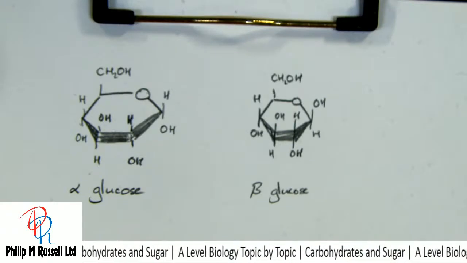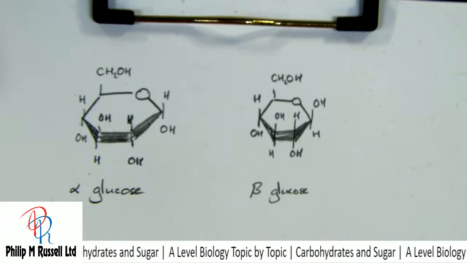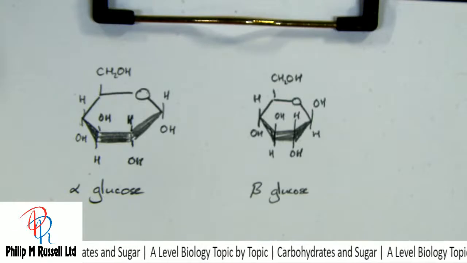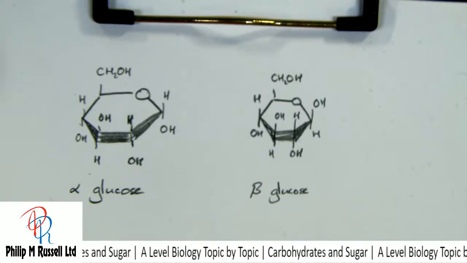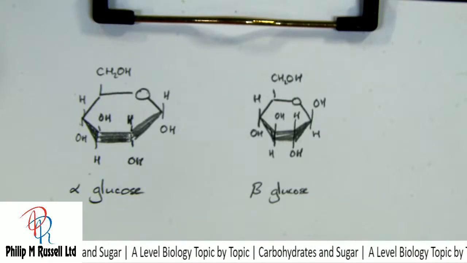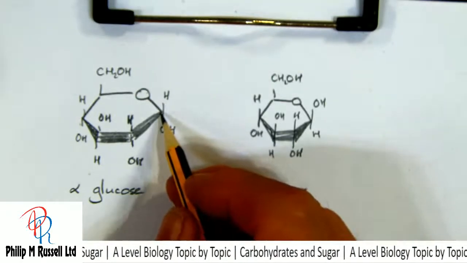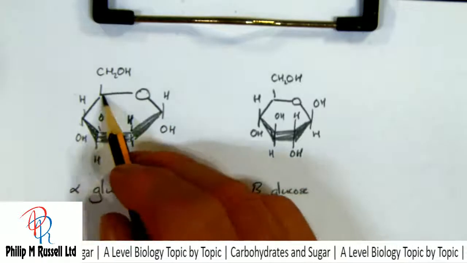Now when we look at these, the carbons are numbered in a clockwise fashion, beginning with the carbon to the right of the oxygen. 1, 2, 3, 4, 5, 6.